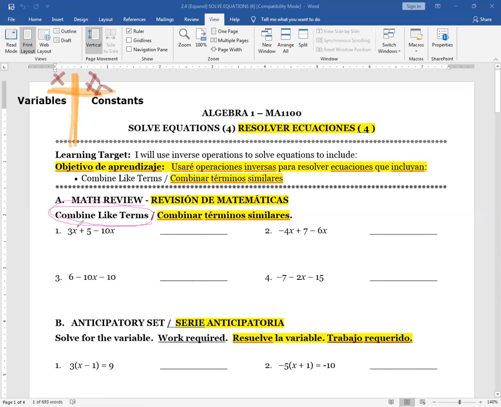Right. So when I say expressions, I mean sentences or terms or phrases in algebra. So 3x, that's part of the variable family, right? And negative 10x is part of the variable family. Okay, so if that's the case, what family is the 5 in? The variables or the constants?